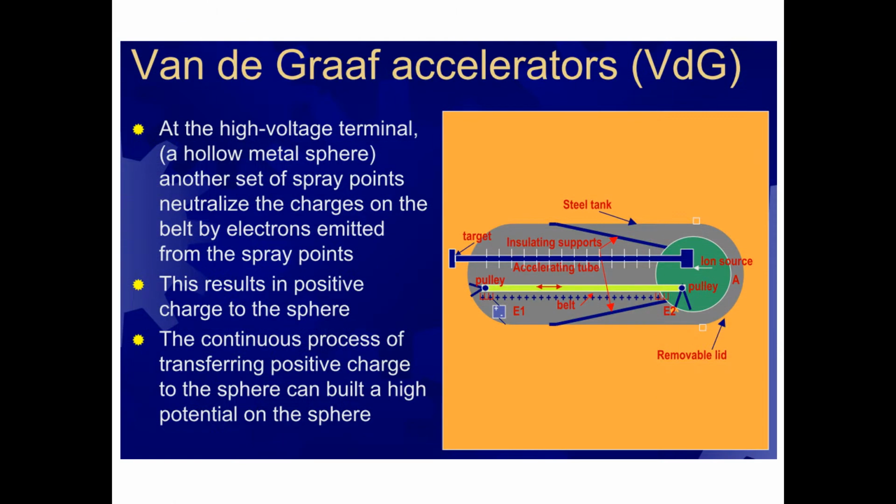At the high voltage terminal we have to apply the voltage. At the high voltage terminal is a hollow metal sphere, which you can see here. The hollow metal sphere has another set of spray points, and it neutralizes the charge on the belt by electrons emitted from the spray points.